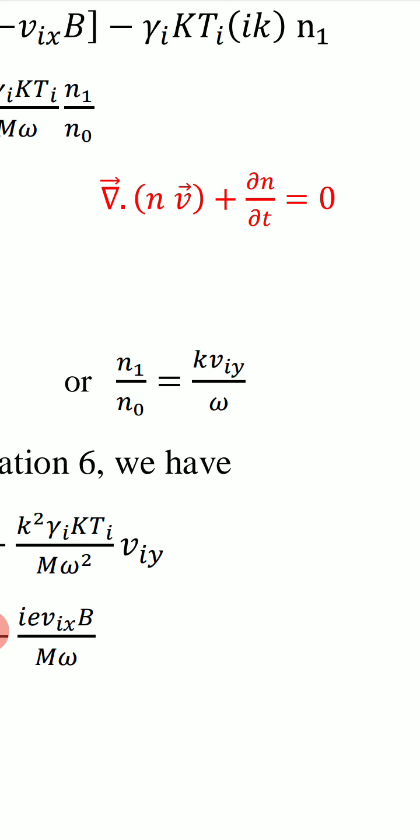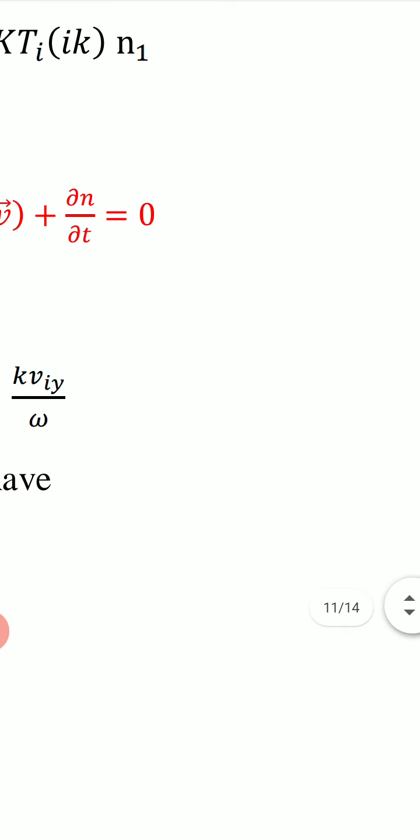It is from del vector dot j vector plus delta rho upon delta t equal to 0, and for current density j vector we have NeV vector, and for charge density rho we have Ne. So now the equation of continuity becomes this.